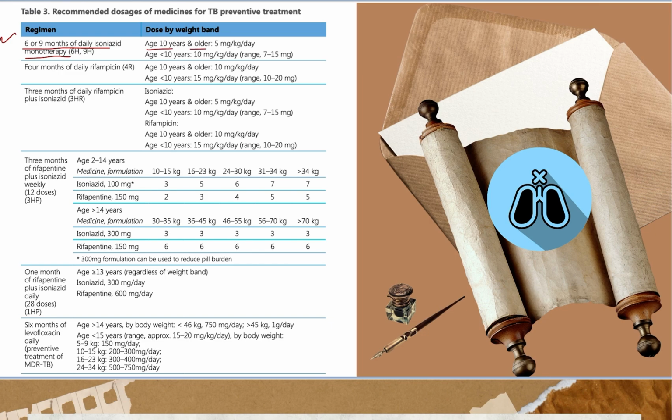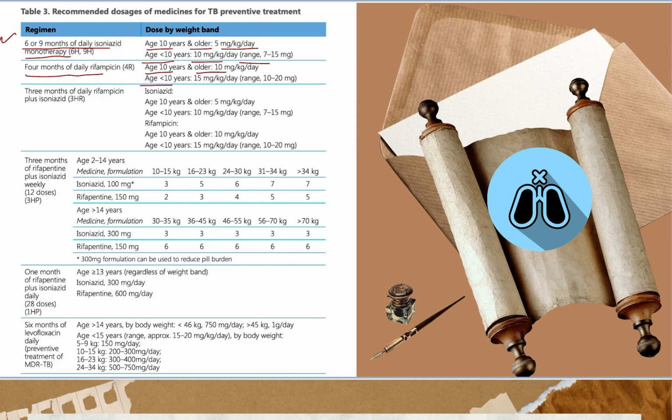Age 10 years and older, 5 milligrams per kg per day. Age less than 10 years, 10 milligrams per kg per day. 4 months of daily rifampicin. Age 10 years and older, 10 milligrams. Age less than 10 years, 15 milligrams per kg.